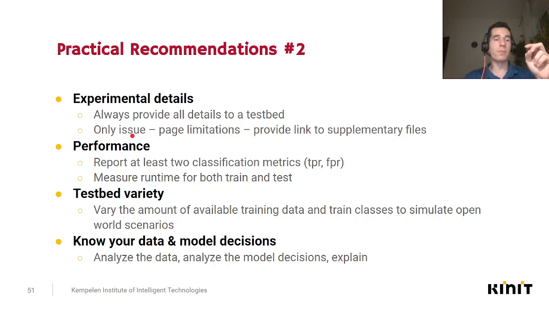We also need to report performance, so use at least 2 classification metrics for detecting intrusions or malware, usually true positive rates, false positive rates, but of course, the more metrics, the better.